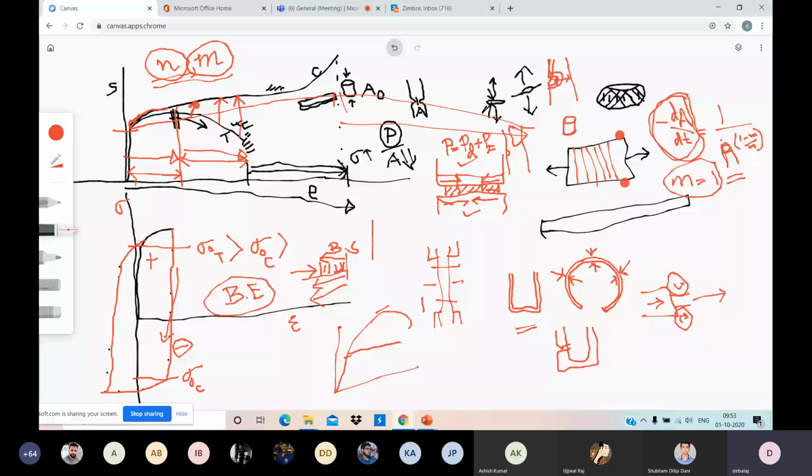Curves 1 and 2. Which one will you prefer? First one. Why the first one?